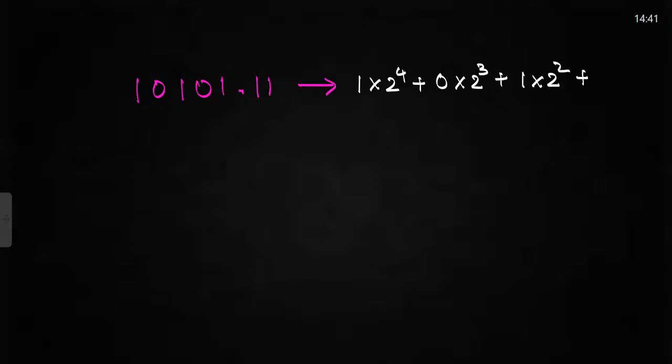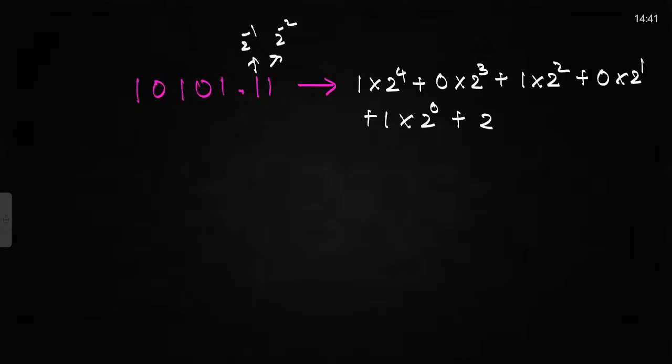So now let us say I am given 10101.11, then how to find the decimal equivalent for this one? It is the same, we will follow: 1 into 2 power 4 plus 0 into 2 power 3 plus 1 into 2 power 2 plus 0 into 2 power 1 plus 1 into 2 power 0. Then we will take this one as 2 power minus 1 and this one as 2 power minus 2. That is simple.